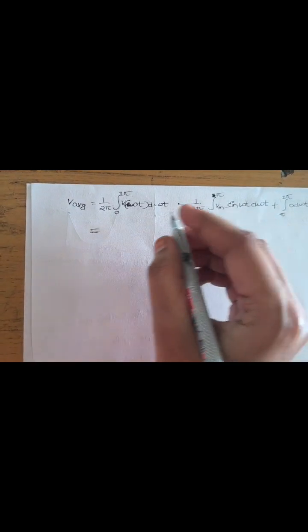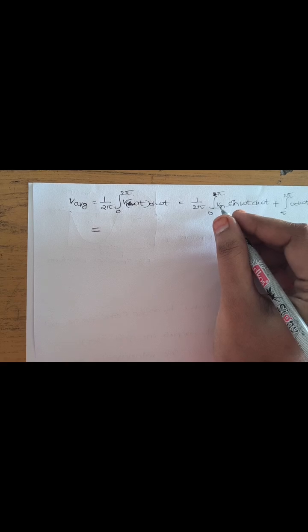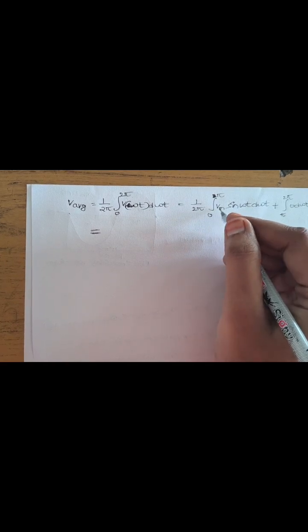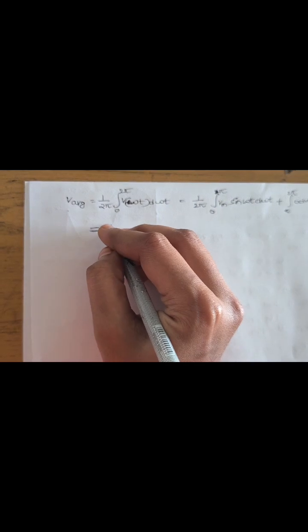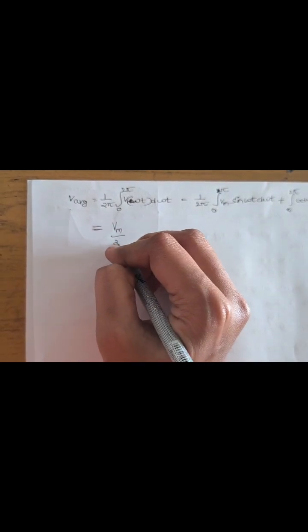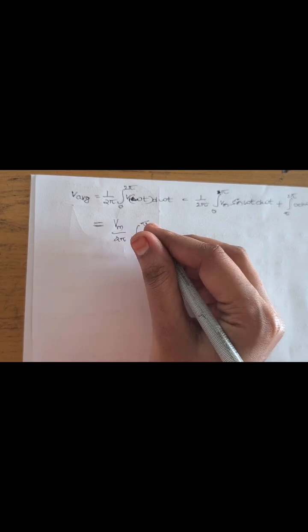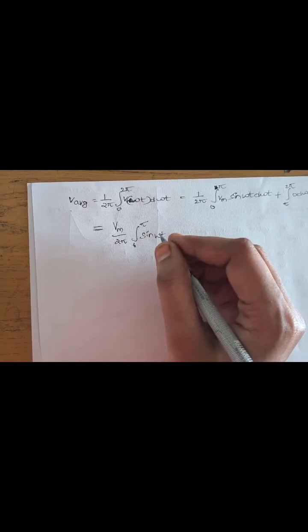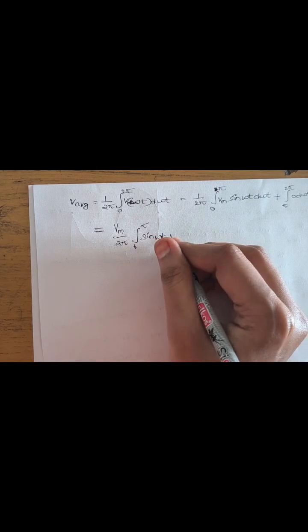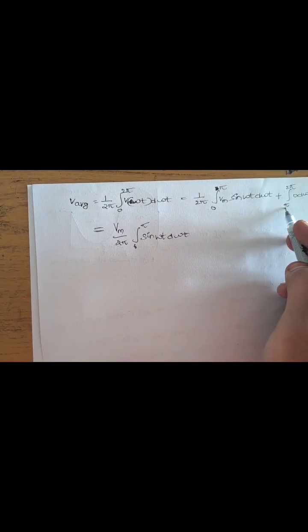Vm is a constant, so it is taken outside the integral. So Vm by 2 pi integral 0 to pi sine omega t d omega t.